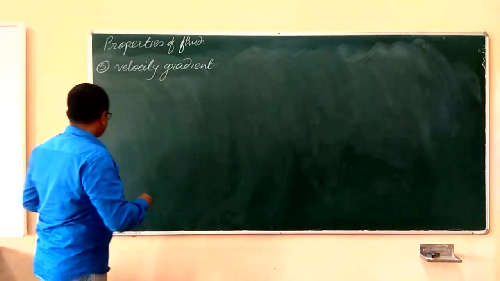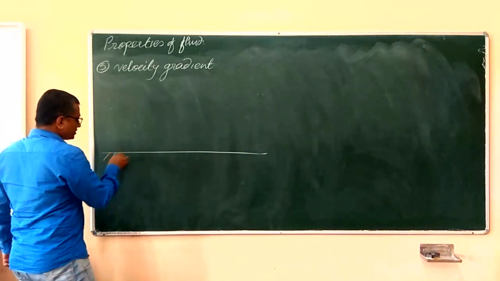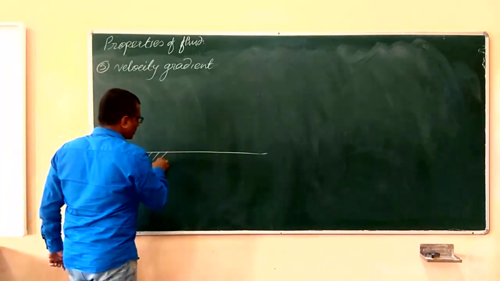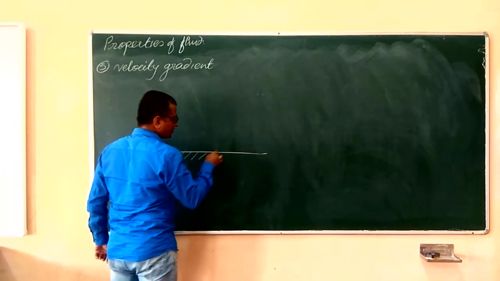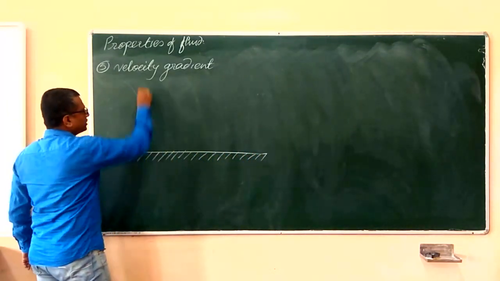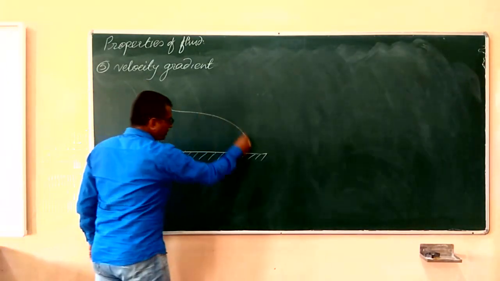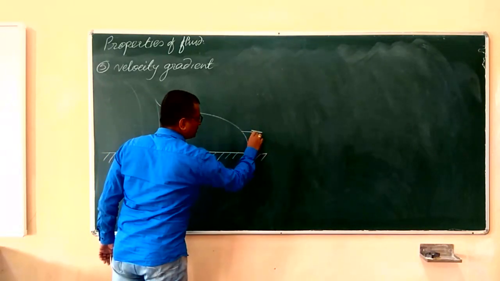How is it flowing? Say this is the flat surface, which is a solid surface, and that too not a smooth surface, it is a rough surface. And if you pour some oil over here, you will observe that the oil is flowing in this way. The layer of oil is flowing in this way.